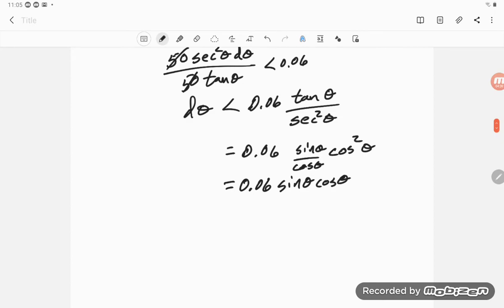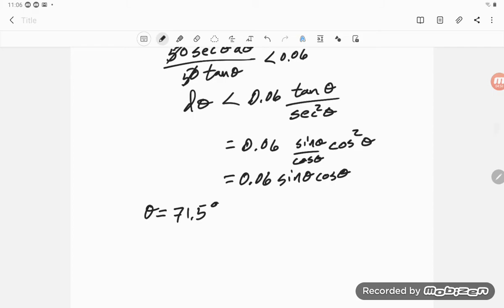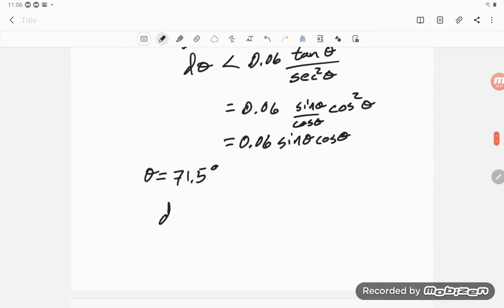Okay, so I need d theta to be less than all this, and theta is 71.5 degrees. And so I need d theta to be less than 0.06 sine of 71.5 degrees and cosine of 71.5 degrees.